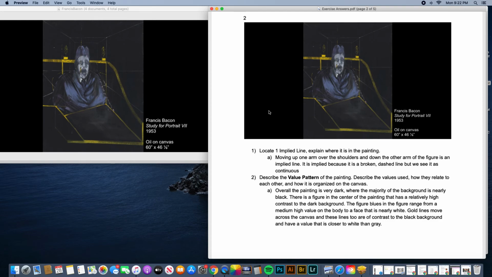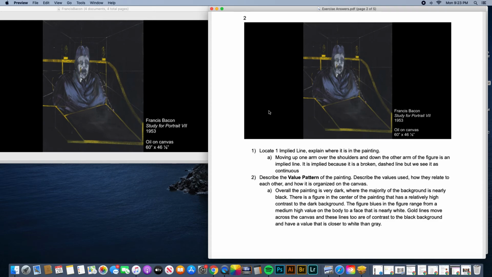Now, I've come across answers in people's quizzes that describe value in terms of color. I want to reiterate this again. Value is not color. Value is levels of black to white.